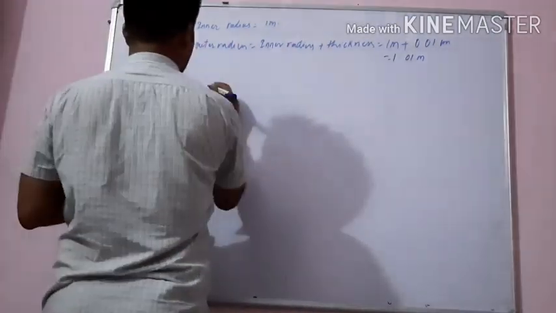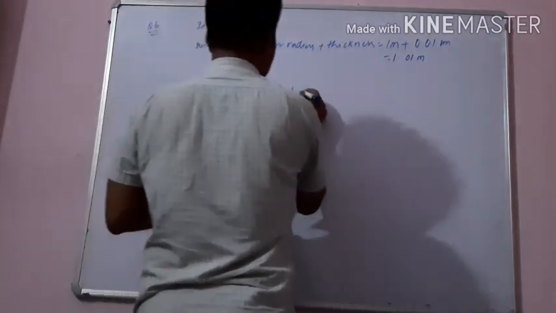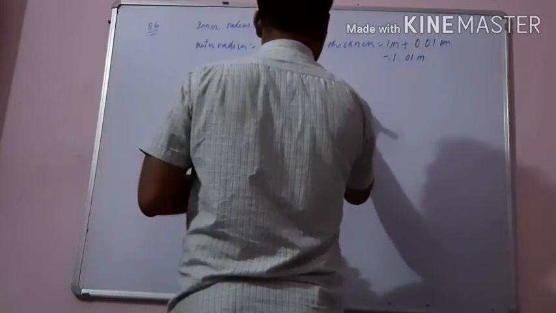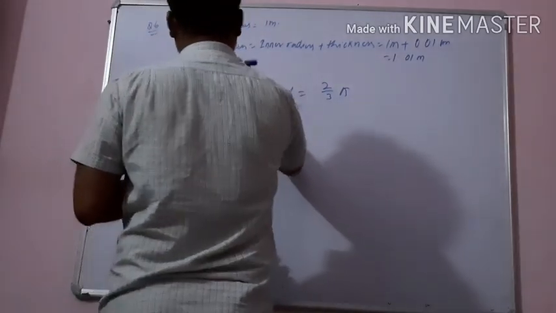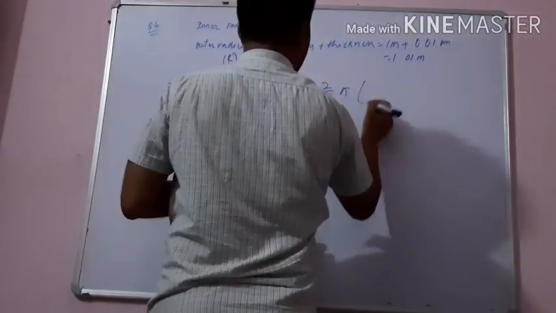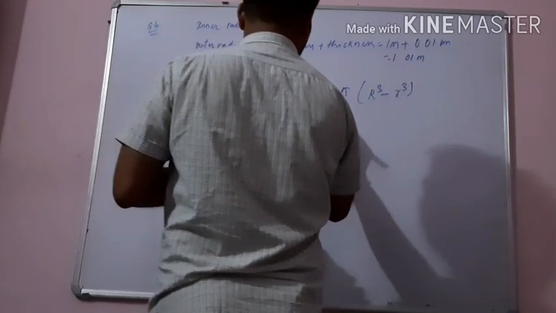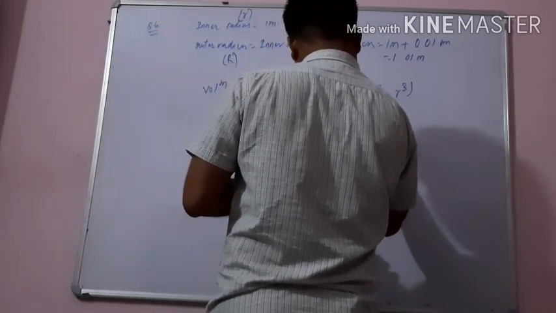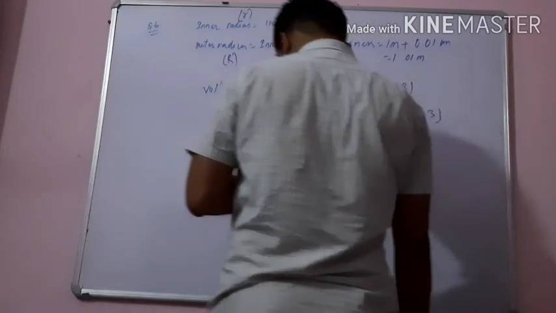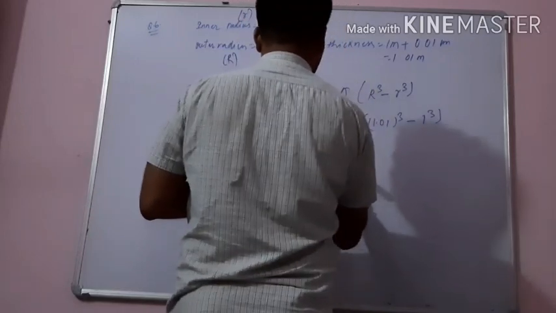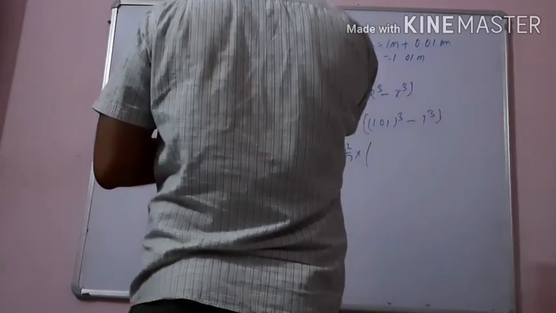Now the volume of iron used will be equal to 2/3 pi (R cube minus r cube), taking the outer radius as capital R and the inner radius as small r. Now 2/3 multiplied by 22/7, (1.01 cube minus 1 cube). What is the cube of 1.01?